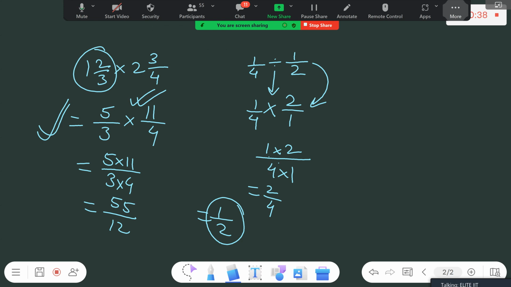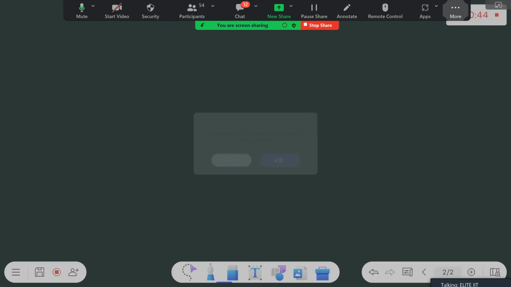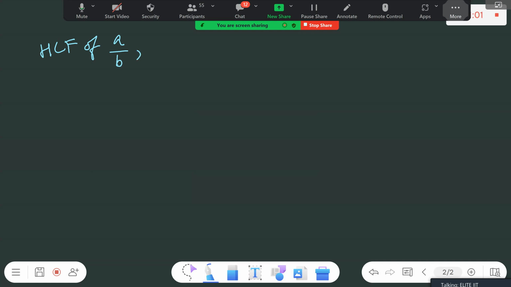Okay. Now we have LCM and HCF of fractions. We know how to find the HCF and LCM of two natural numbers. Now we'll look at HCF and LCM of fractions. Suppose three fractions. I take a fraction a by b.